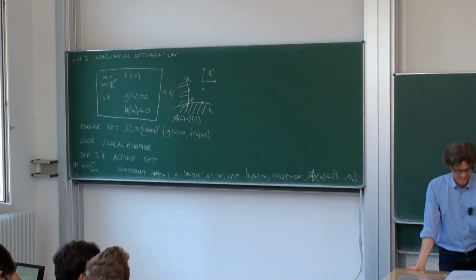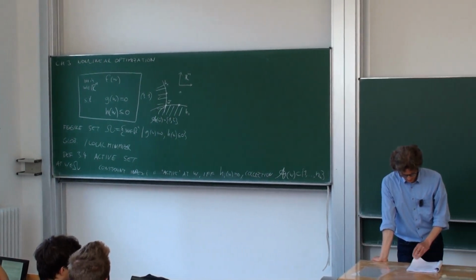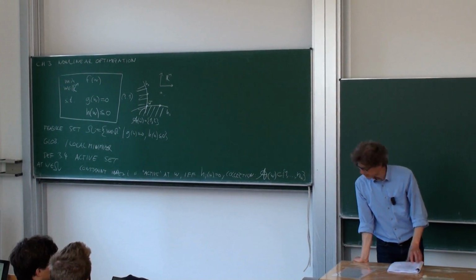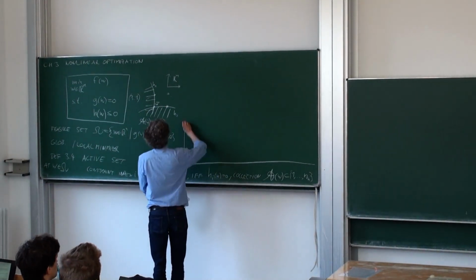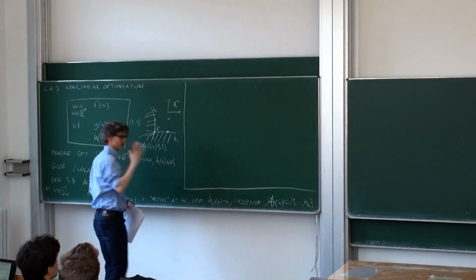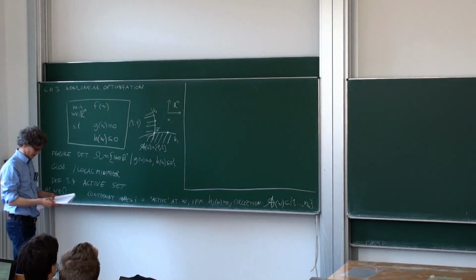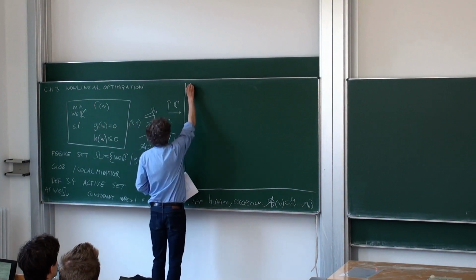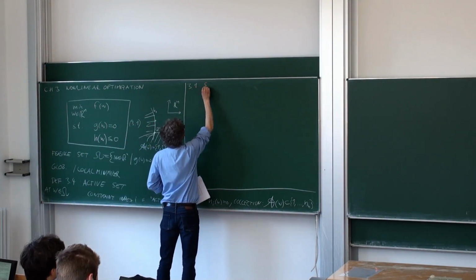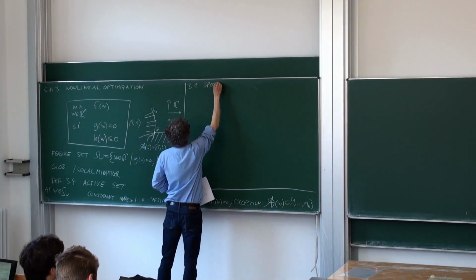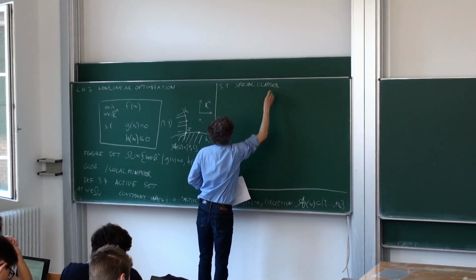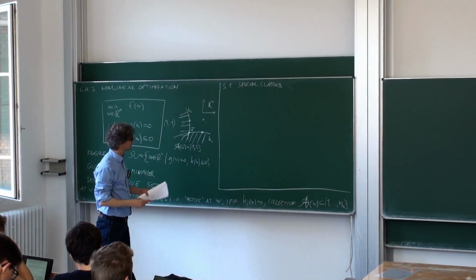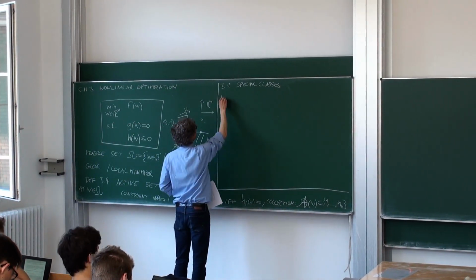Okay, please. I want to go into some important special classes, which I mentioned already. So they are special classes of this general form, just so that we know when we have what. So 3.1, special classes. And the one that I wanted to start with is linear optimization.